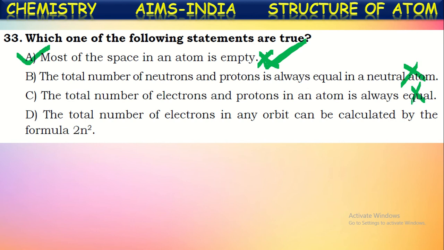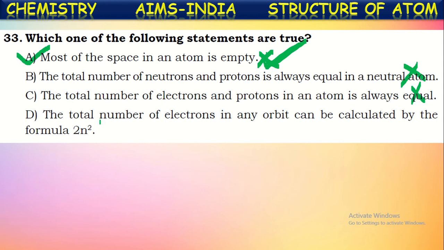In the formation of chemical bonds, atoms either lose or gain electrons. By that, the number of electrons will change, so it won't be equal to the number of protons. So we can say the number of electrons is equal to the number of protons only in neutral atoms. It is not always equal. Okay.